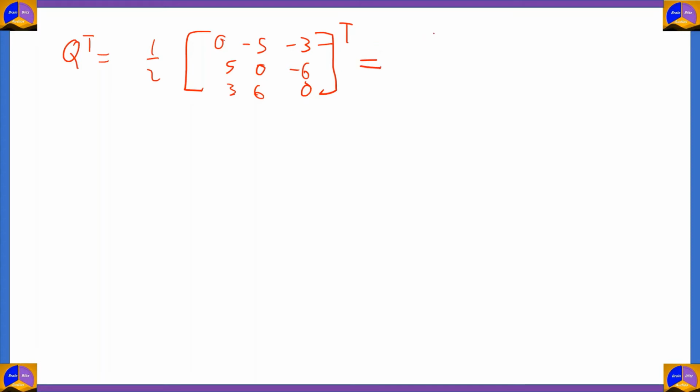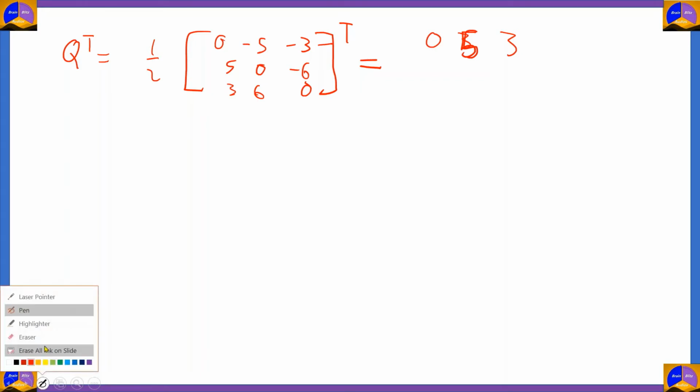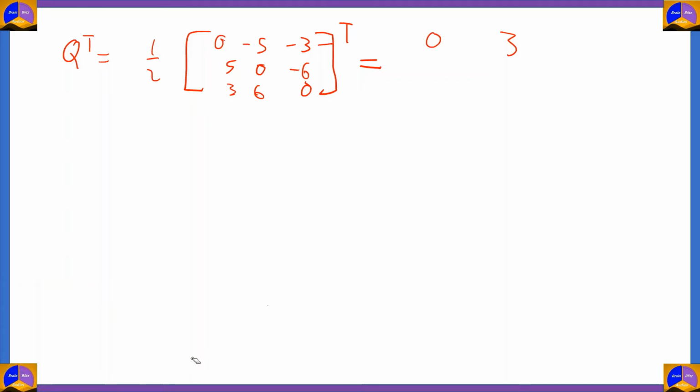A better idea would be to erase it so that we can write properly. So 0, 5, 3; minus 5, 0, 6; minus 3, minus 6, and 0.